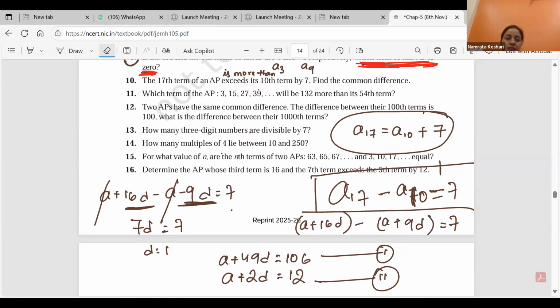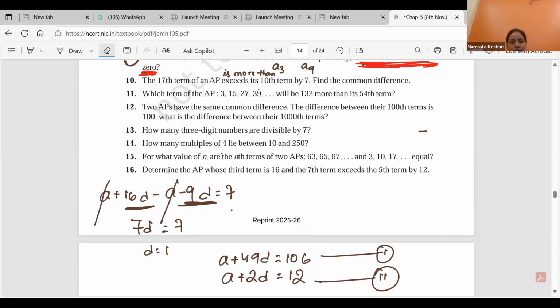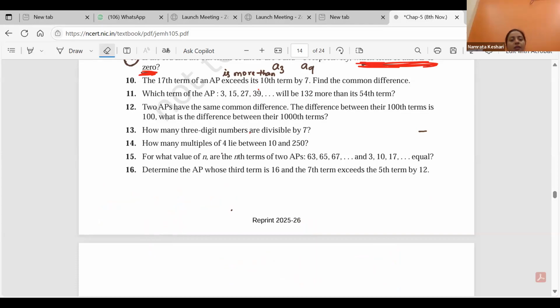The terms of the AP 3, 15, 27, and 39, which of them will be 132 more than its 54th term? Just read it two or three times and tell me what the question says.